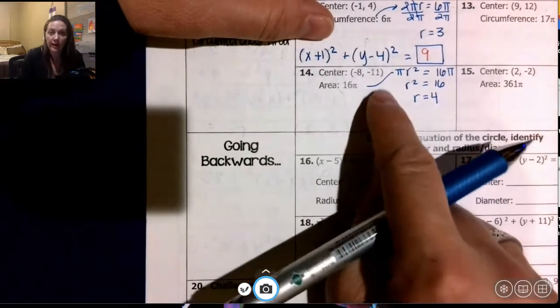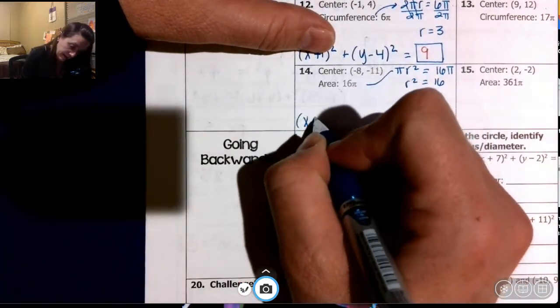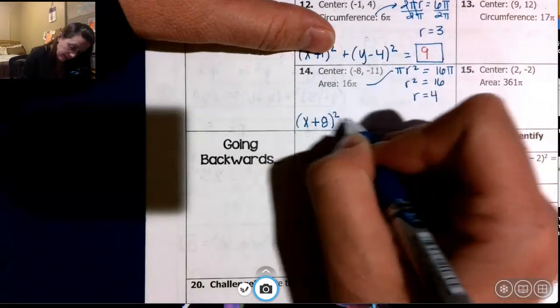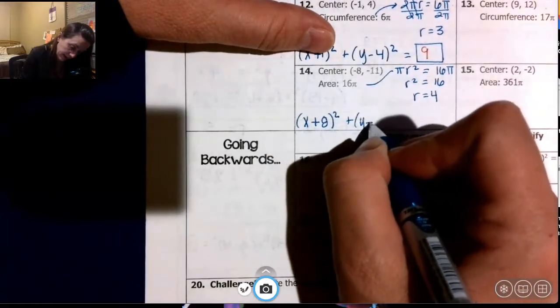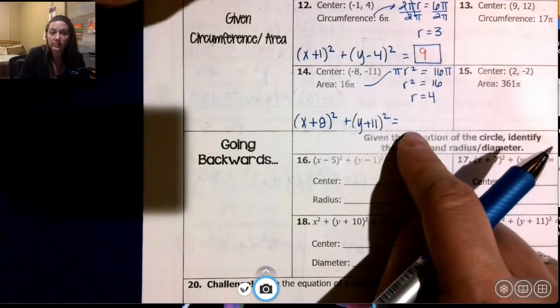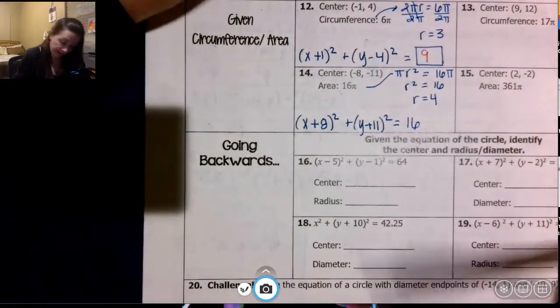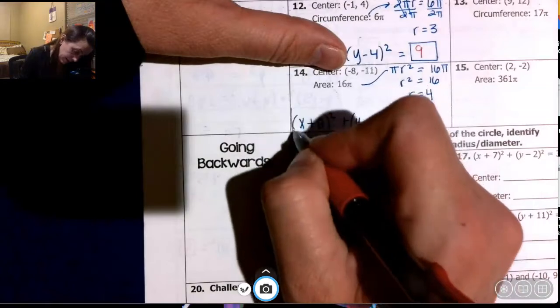Once I solve for r and I have the center, (x minus negative 8) squared plus (y minus negative 11) squared equals r squared. So don't forget, this is actually going to be 16. And this is the equation it's asking me to do.